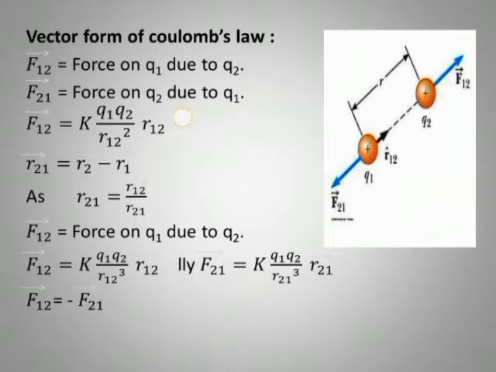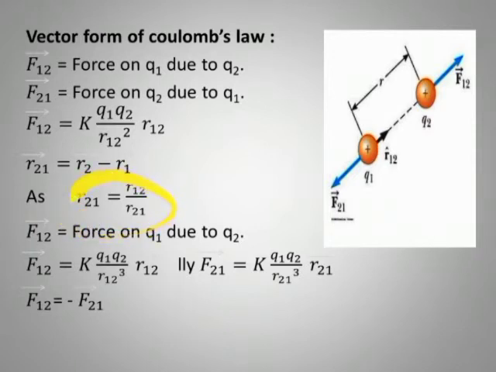So now if I consider r12 cap, what is the formula of r12 cap? This is your direction, which is equal to vector divided by magnitude. So vector r, vector symbol, you have got one arrow mark over there, divided by magnitude.